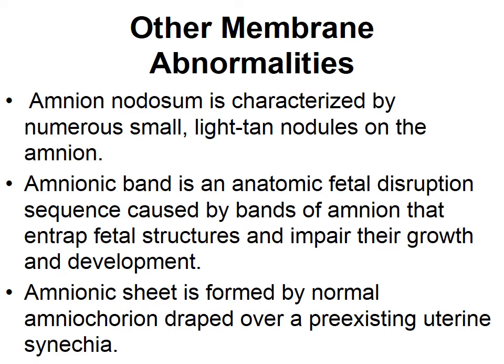In contrast, an amnionic sheet is formed by normal amniochorion draped over a pre-existing uterine synechia. Generally, those sheets pose little fetal risk, although there are slightly higher rates of preterm membrane rupture and placental abruption.